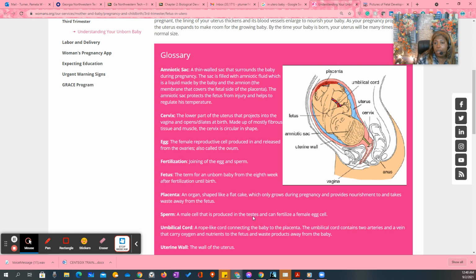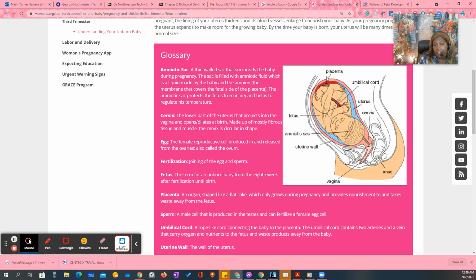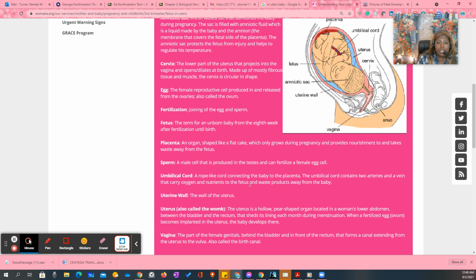The umbilical cord is attached to the placenta, and that is how babies live. Whatever you eat, whatever you ingest, mom, it will go in through your digestive system, and the baby gets it through the placenta. The placenta and the umbilical cord are not actually attached to mom, so we were able to cut the cord.